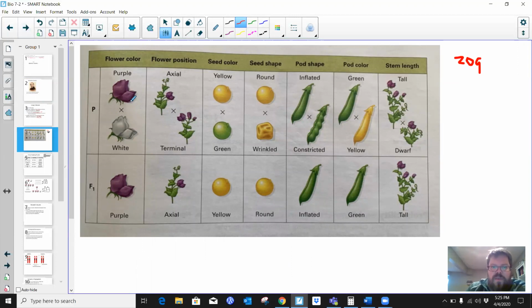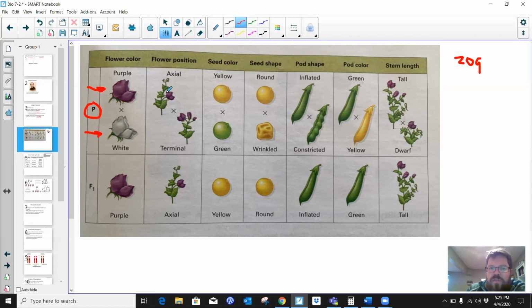So these parental generations. He had gone through the meticulous duty of isolating plants that showed different characteristics for flower color, flower position, seed color, seed shape, pod color, and stem length. And he would isolate these plants and breed these plants and make sure that he would have true breeding plants that would have only purple colored flowers or white colored flowers.